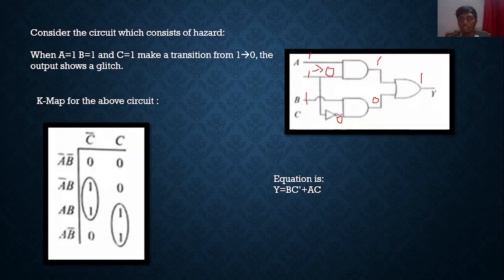Instead it remains 0 itself. So the output at the AND gate will also remain 0 itself here, and 1 AND 0 will become 0. So there are two zeros that are getting input at the OR gate. So 1 changes to 0, and there is a hazard occurring. This sub circuit can be represented by this K map, and the equation is y is equal to BC bar plus AC.